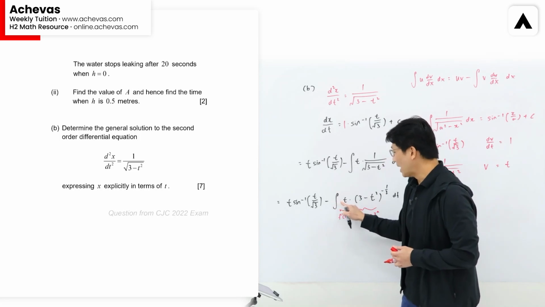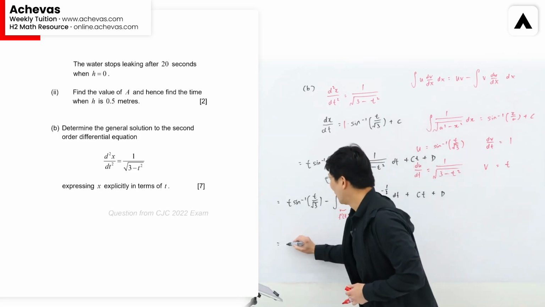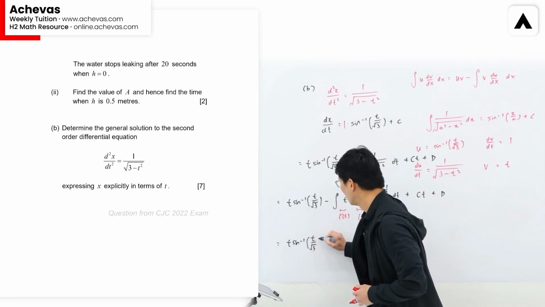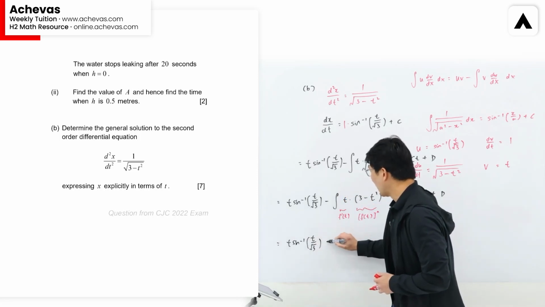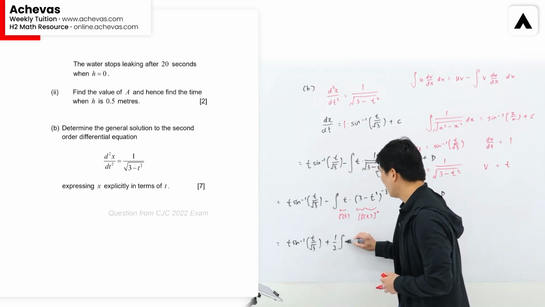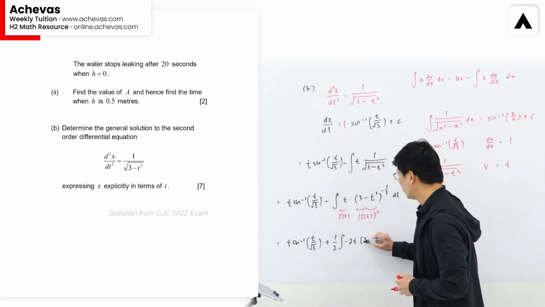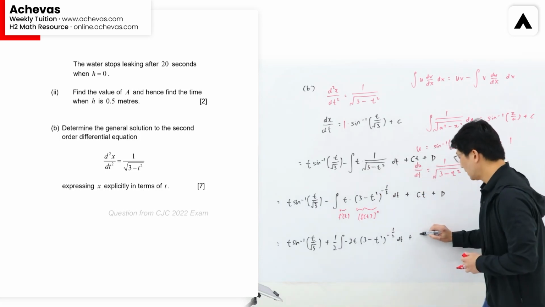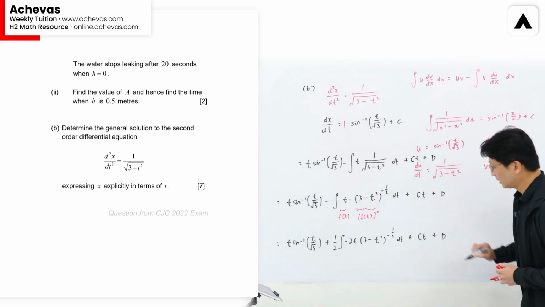Then I will be adding a minus 2 inside. So I will end up with t sine inverse t over square root 3. Then it will just be like a plus half integrate minus 2t, 3 minus t squared power of minus half dt plus ct plus d.